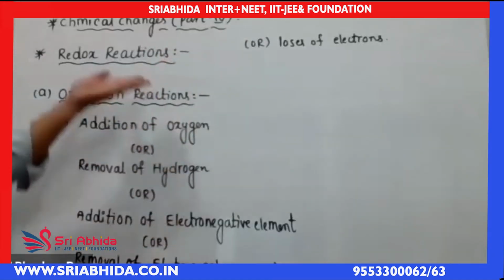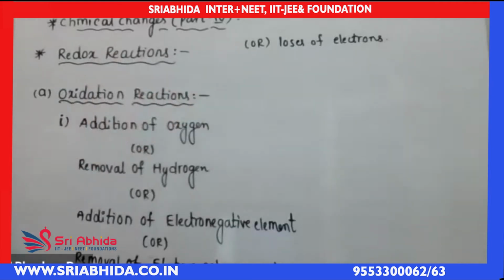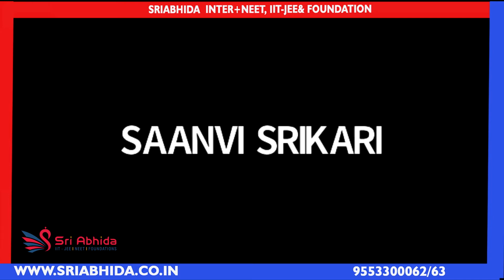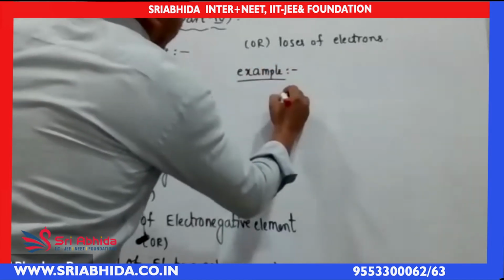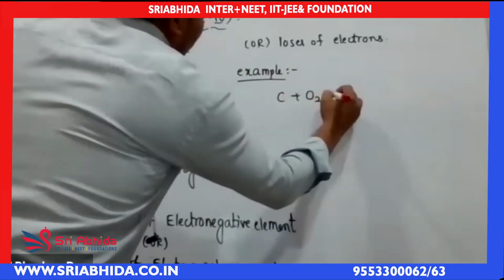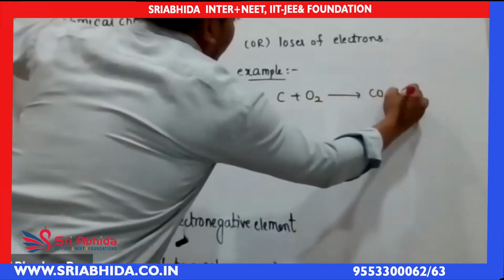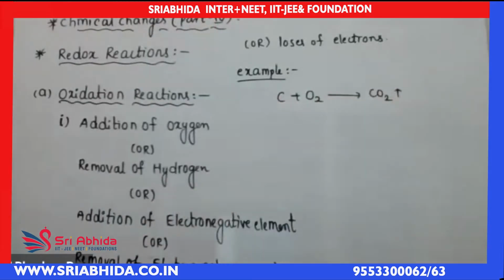So all these definitions belong to oxidation reactions. Now examples. First, I will give you an example of addition of oxygen only. When carbon reacts with oxygen, it converts into carbon dioxide.